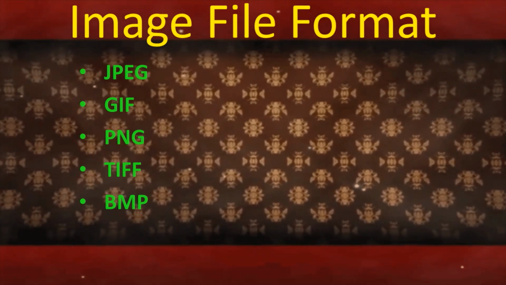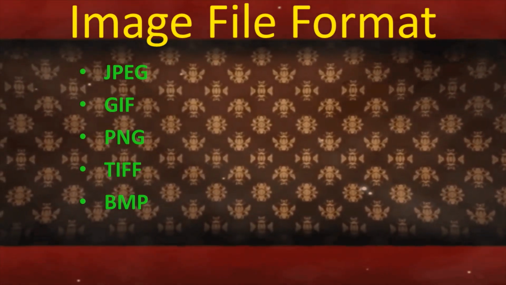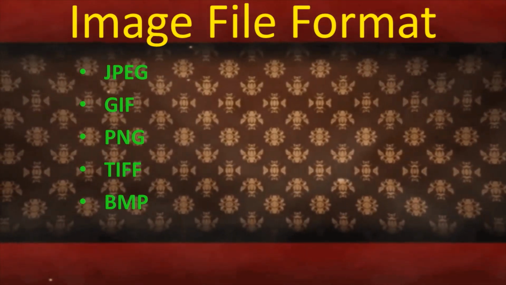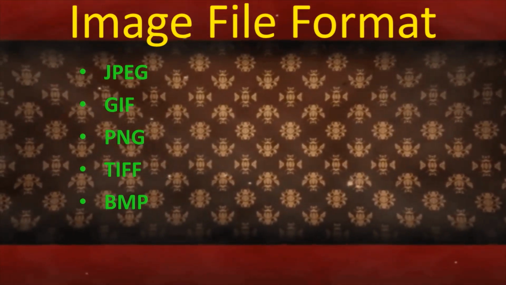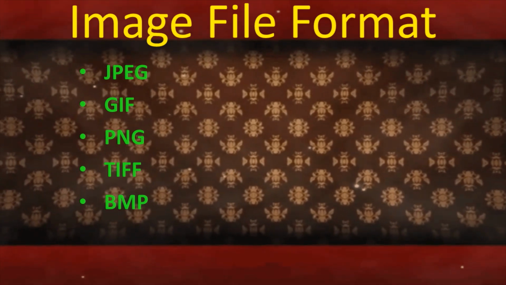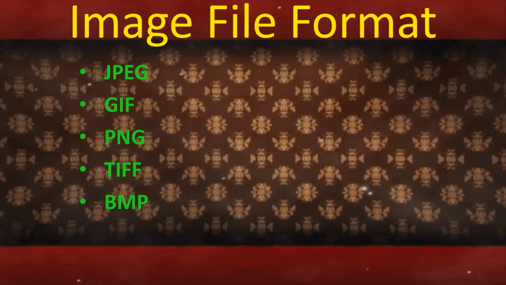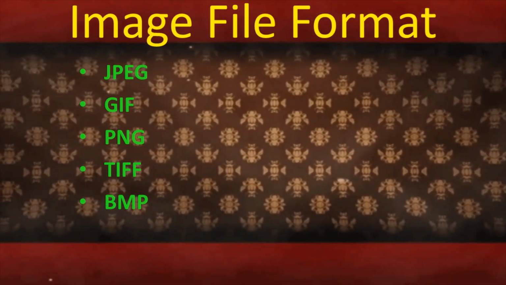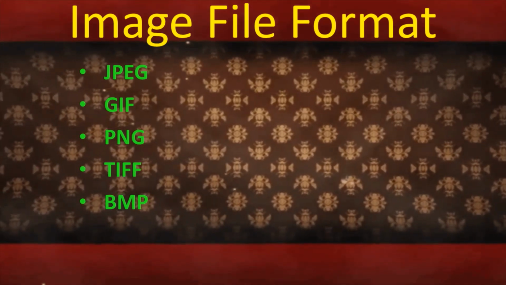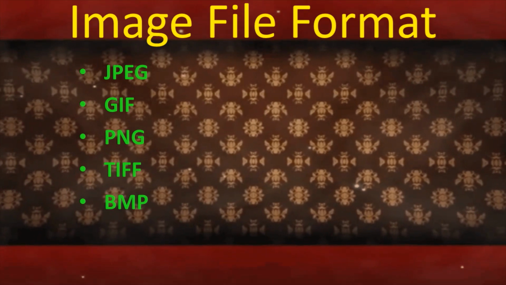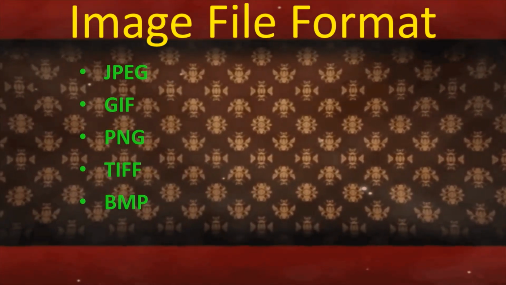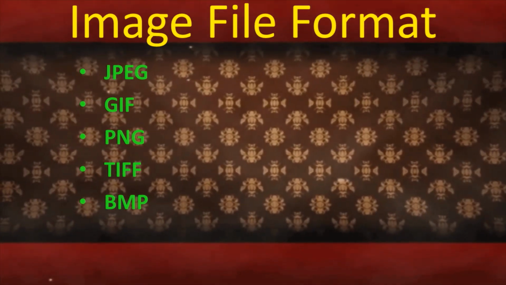I will explain these in detail, but these 5 are file formats for images. Your image can be in any one of these formats. Why we use JPEG, GIF, PNG, TIFF and BMP, I will explain next.